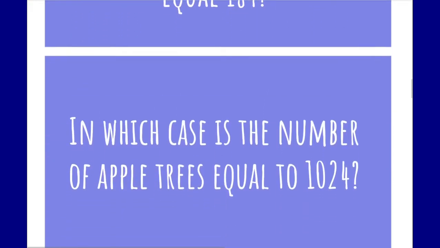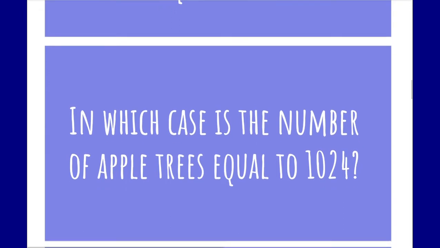In which case, or which value of n, is the number of apple trees equal to 1024? How many rows of apple trees would my pattern need to have in order to have 1024 apple trees?